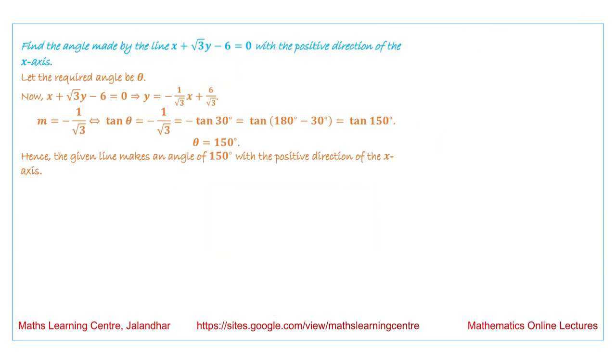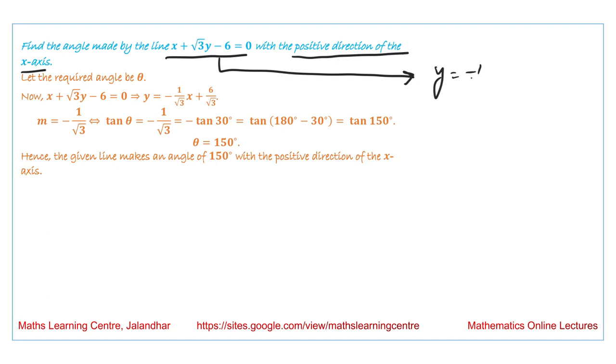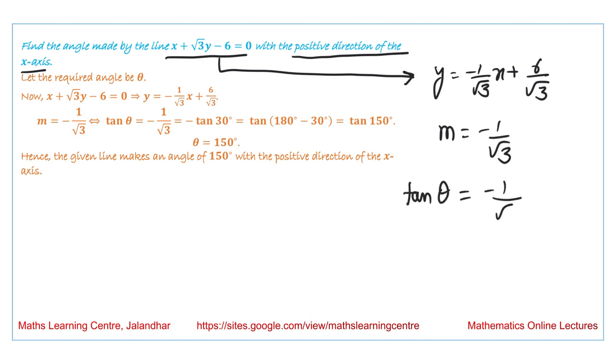Next we have to find the angle made by the given line with the positive direction of the x-axis. So again we write this in the slope intercept form, and we obtain y is equal to minus 1 by root 3 x plus x by square root 3. So the slope of this line is minus 1 by root 3. Suppose the angle theta it is making with the x-axis, we are saying tan theta is minus 1 by root 3. This implies that tan theta is equal to minus tan 30 degree.